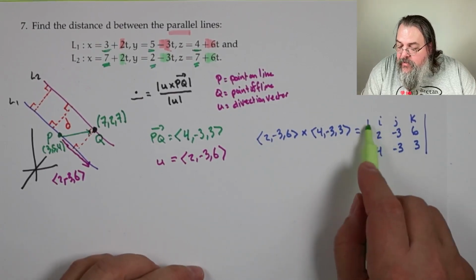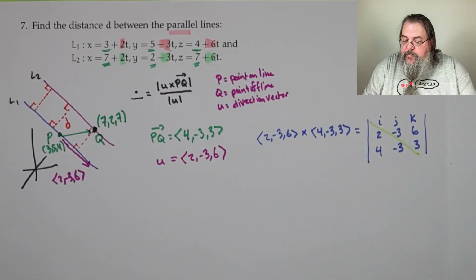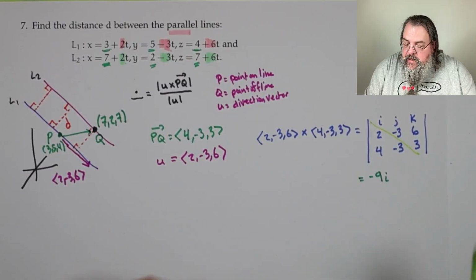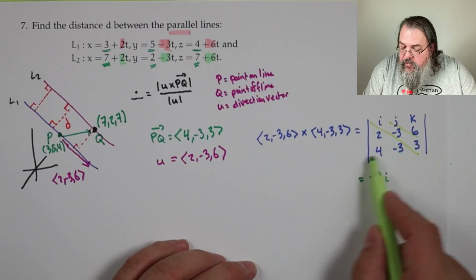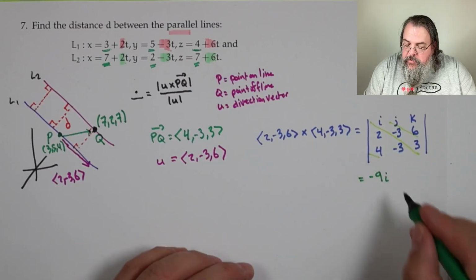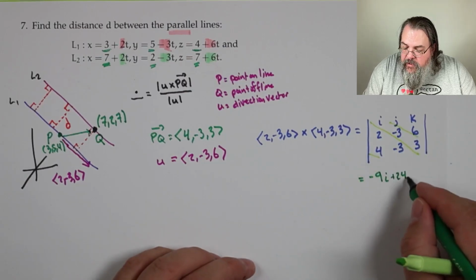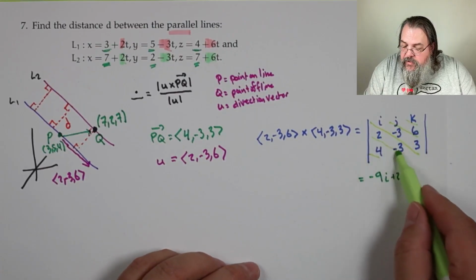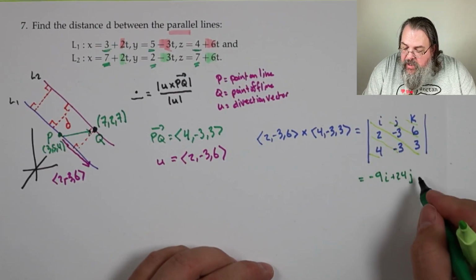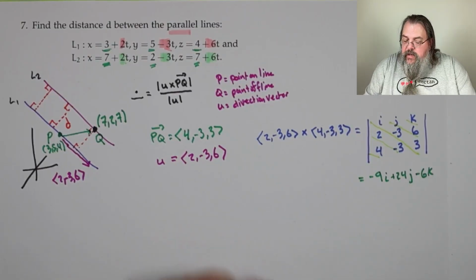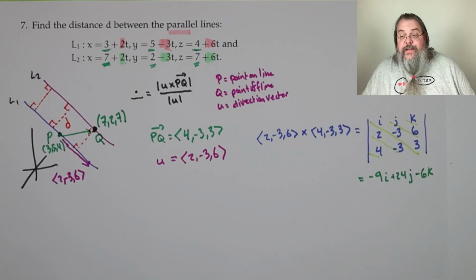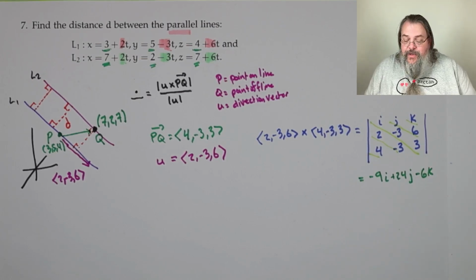Okay, so i times -3 times 3, that's going to be -9i. And then we have j times 6 times wraparound 4, and that's going to be 24j. And k times 2 times -3, so that's going to be -6k. Those are the ones that we get from going what I like to call downhill. And now we'll go in the other direction, uphill.